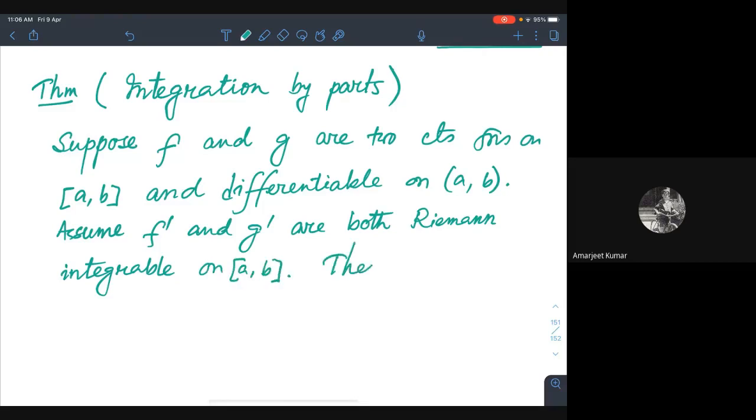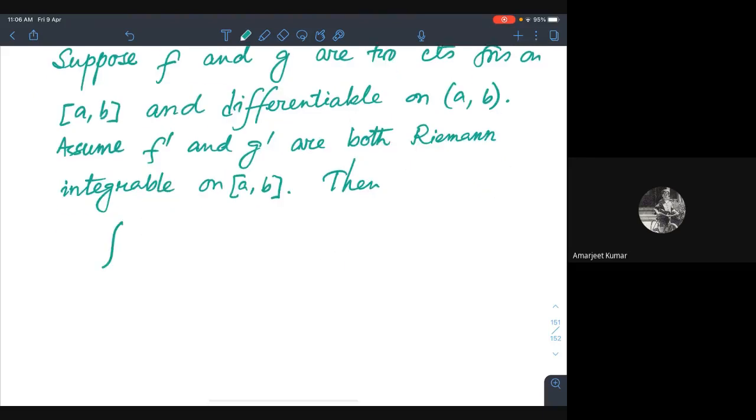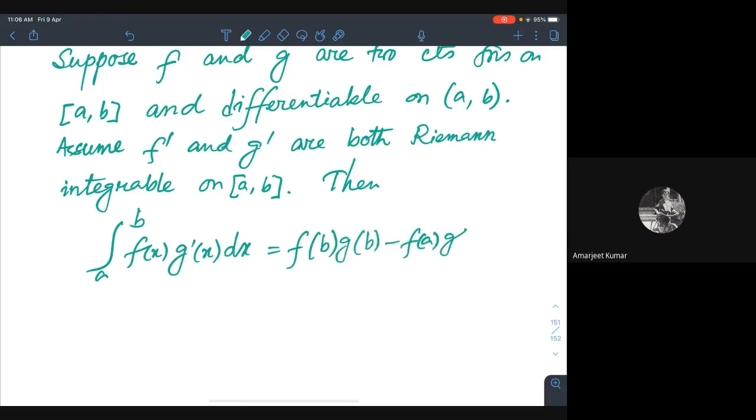Then the integral from a to b of f(x) g'(x) dx is equal to f(b)g(b) minus f(a)g(a) minus the integral from a to b of f'(x) g(x) dx.